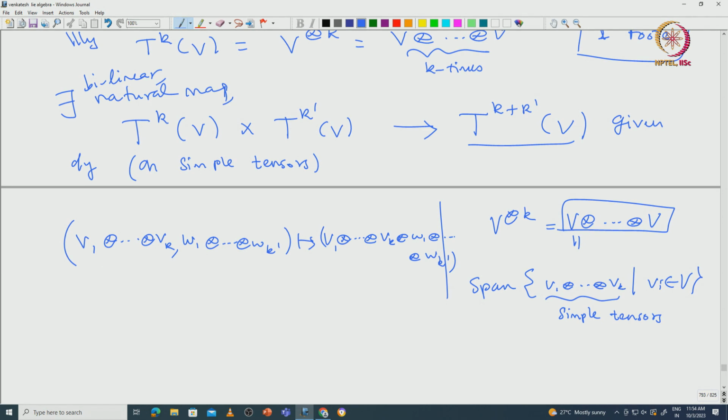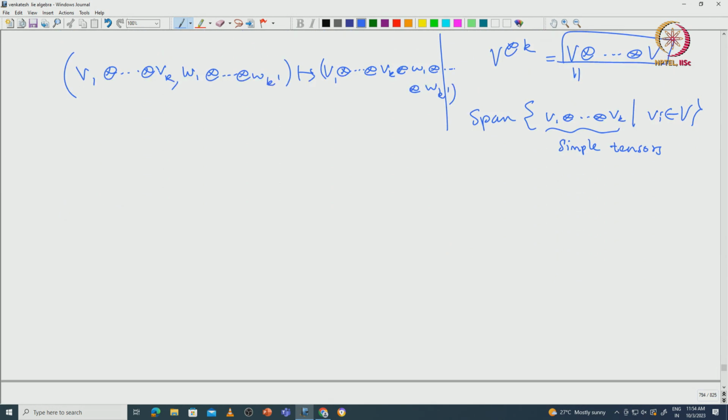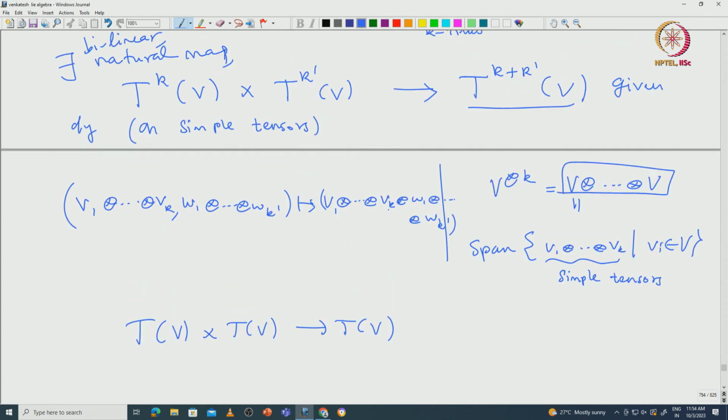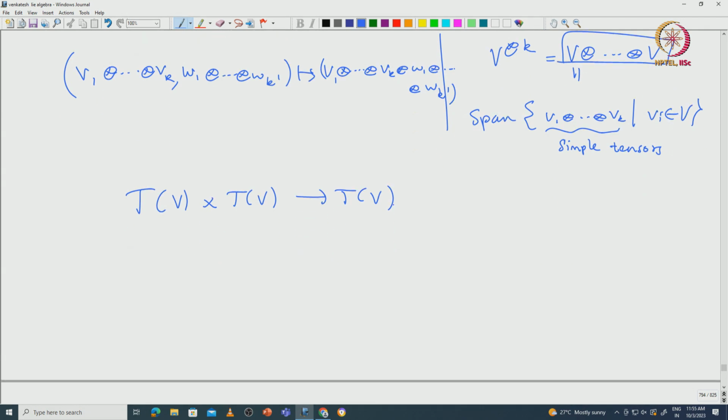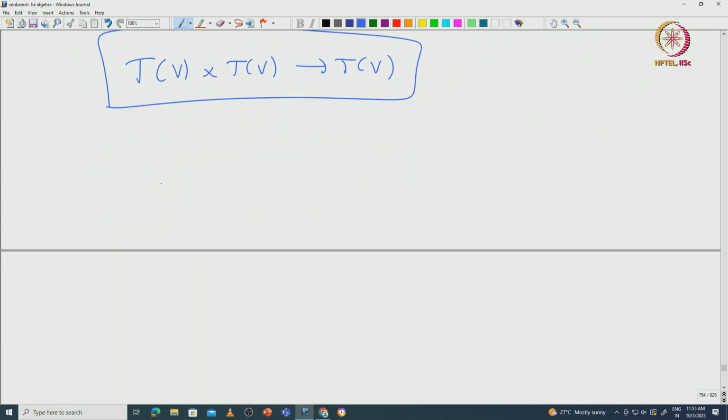Now, using this map one can talk about a product, because a product is just a bilinear map from T(V) cross T(V) to T(V). All the maps that we have here extend to a multiplication on T(V), which gives T(V) the structure of an associative algebra.